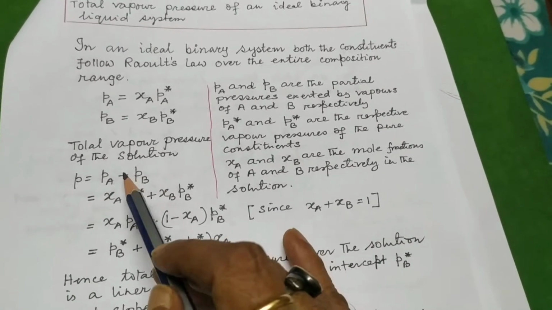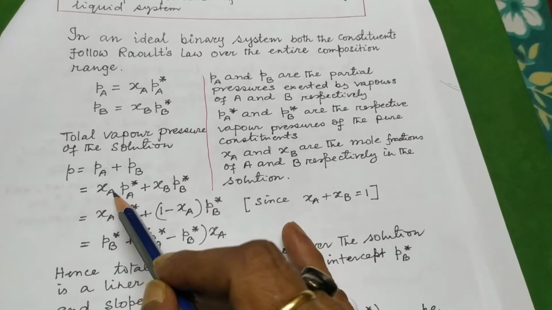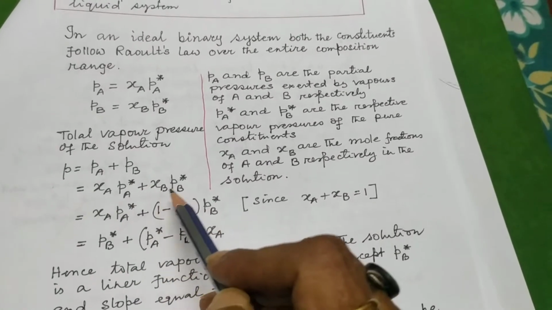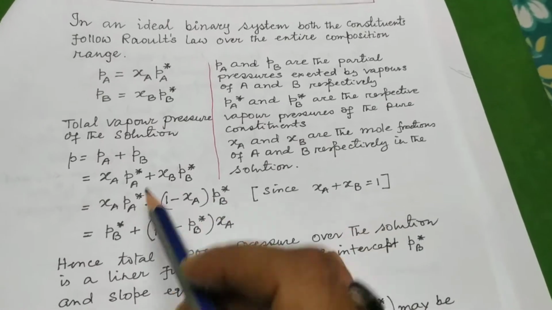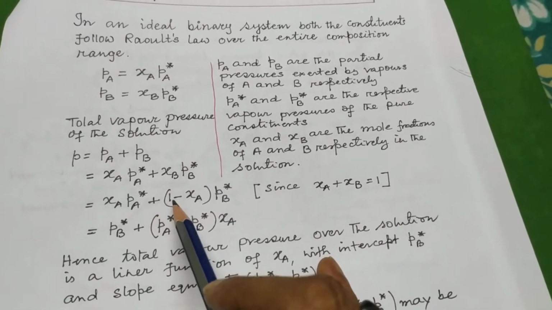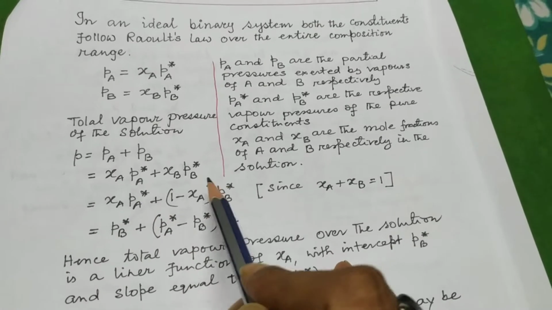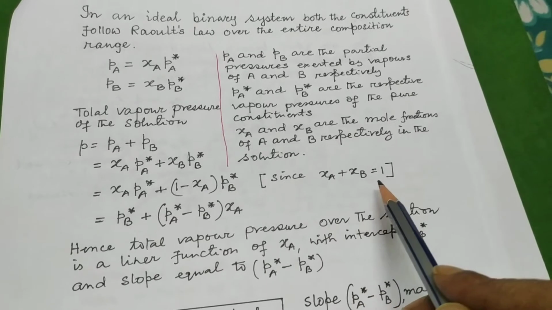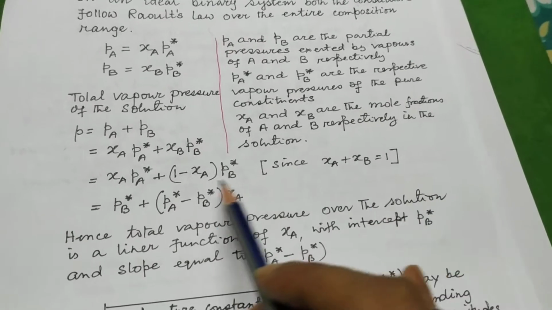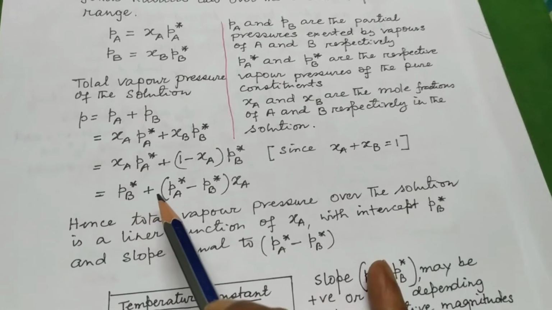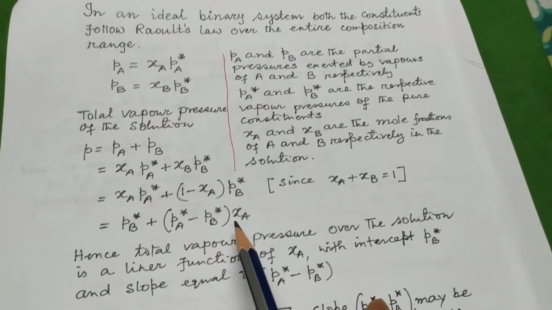So if we put the value of PA, this is XA into PA star, and also PB, this is equal to XB into PB star, then we will get XA PA star plus 1 minus XA into PB star, because we can write XB equals 1 minus XA, because XA plus XB equals 1. So after simplification we get P equals PB star plus PA star minus PB star into XA.